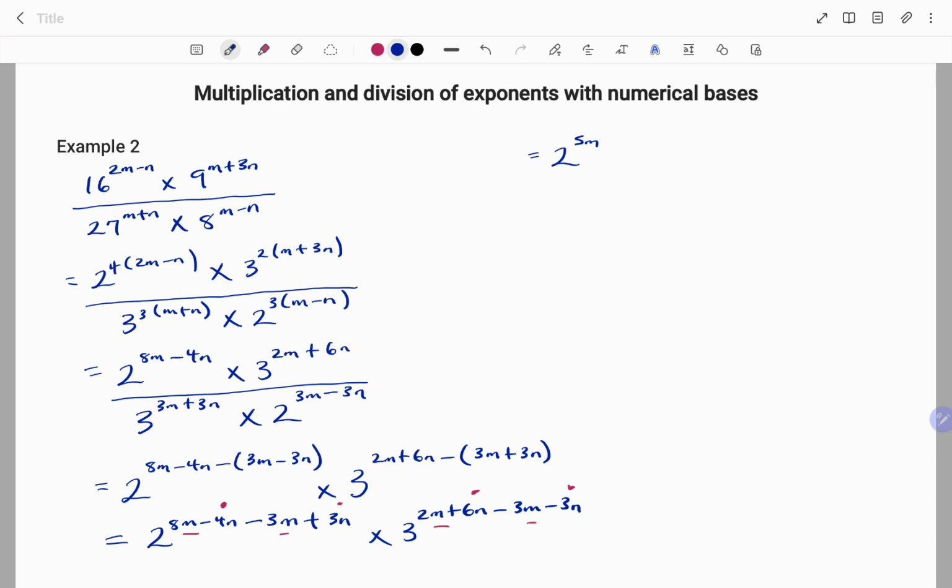Then I have minus 4n plus 3n, that's minus n. I'm done with base of 2. Then I go to my base of 3. 2m minus 3m, that's minus m. 6n minus 3n, that's plus 3n. Let's look at another example.